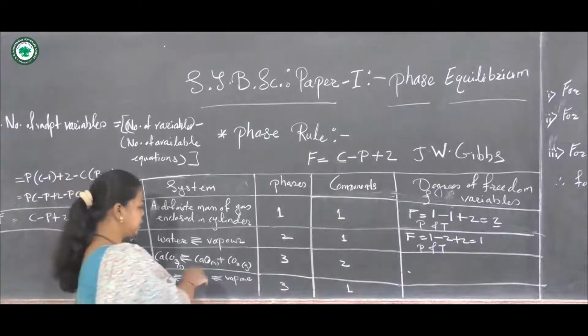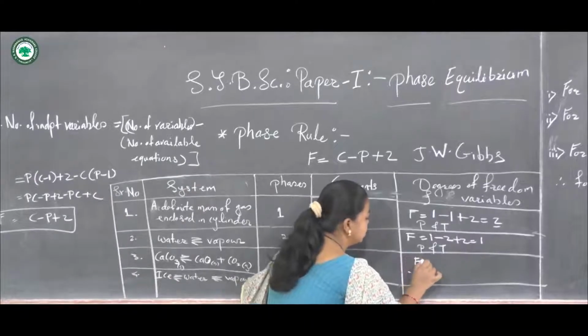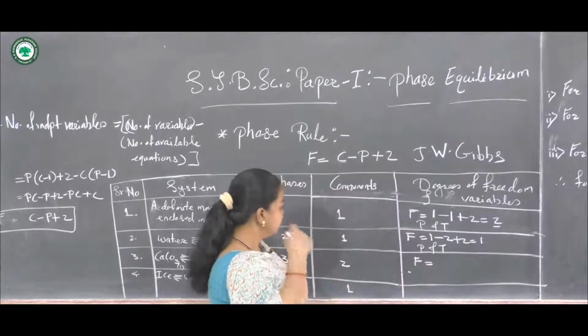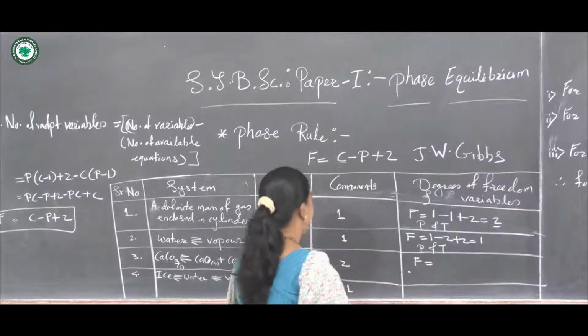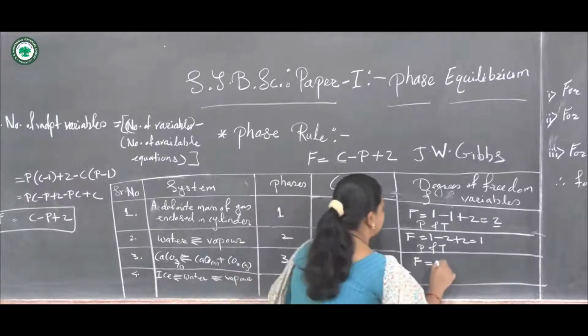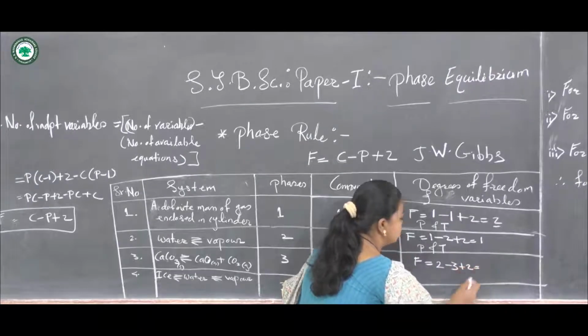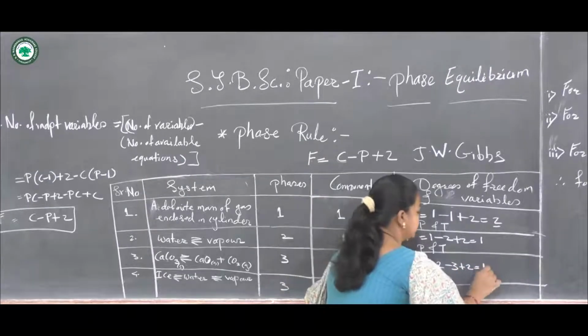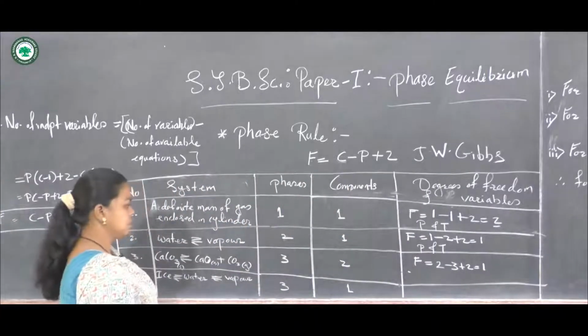So here we are getting only a 2 component system. We can calculate the number of degrees of freedom for the system. It is components 2 minus 3 phases plus 2. So it becomes 4 minus 3, which is 1. Again, a monovariant system is present here.